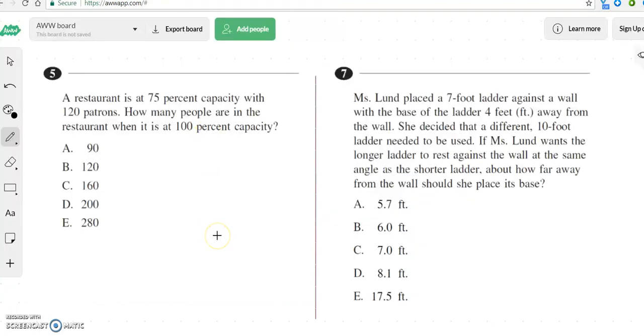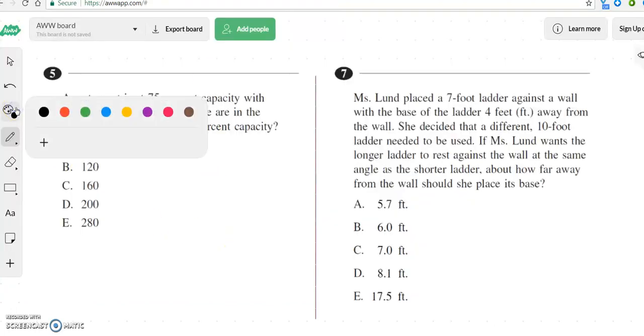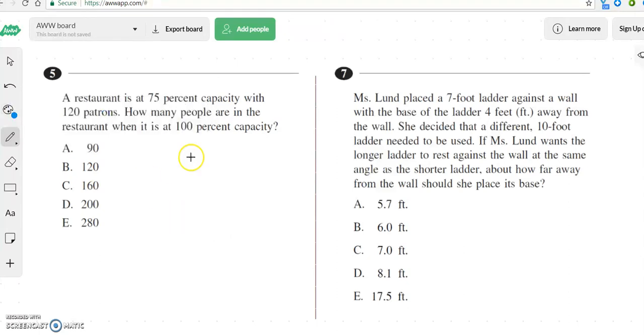Okay, so what I have is a restaurant that is at 75% capacity with 120 patrons. All right, that's important for your students to either write down on their scratch paper or find some way of highlighting it, underline it very lightly in pencil or whatever they need to do, because those two numbers are important.